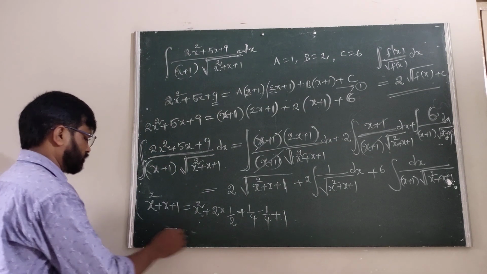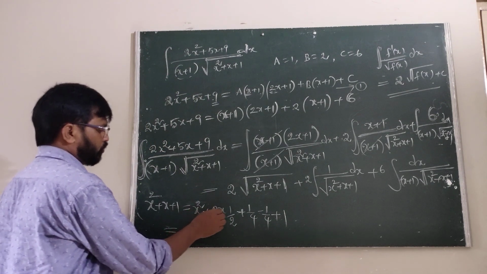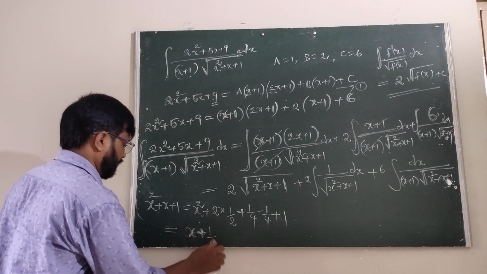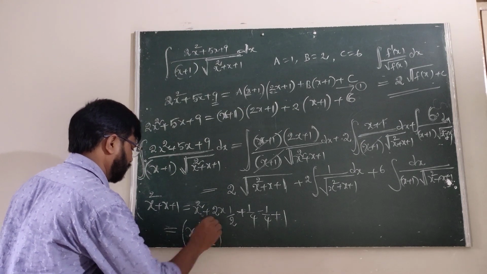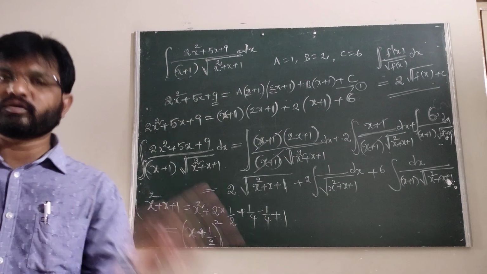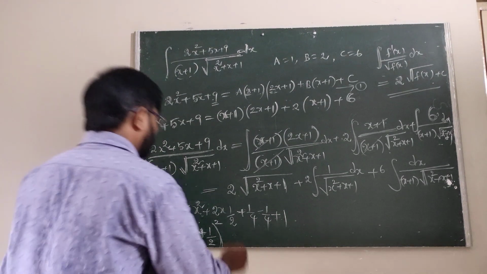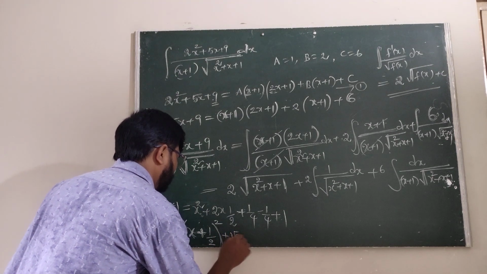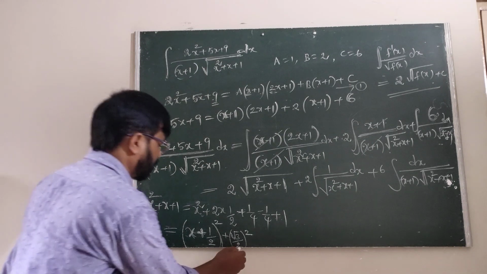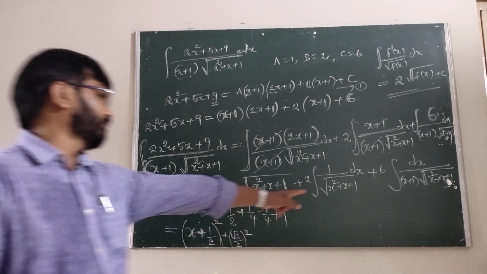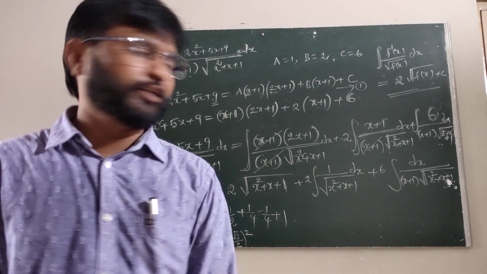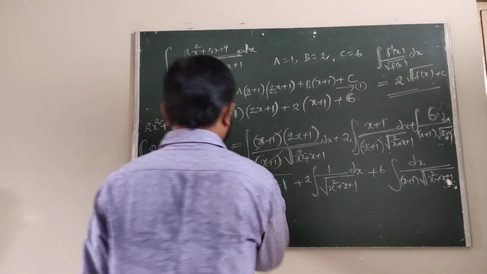Therefore a plus b, that is x plus 1 by 2 whole square. The last one: 4 minus 1 is the 3, so root of 3 by 2 whole square. This can be written as x plus 1 by 2 whole square plus root of 3 by 2 whole square. This is how to write this one.